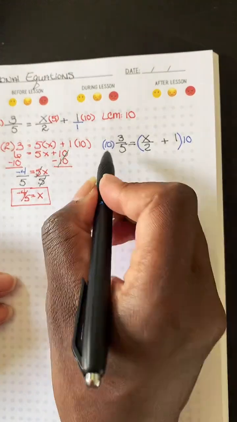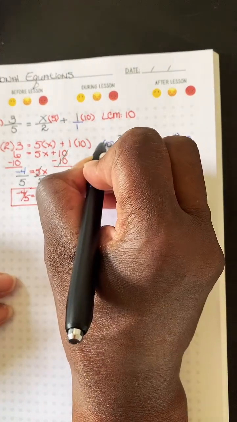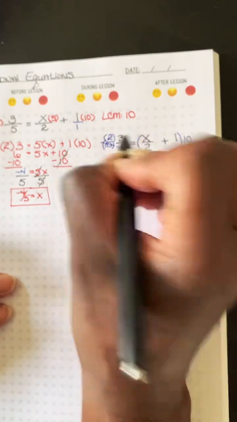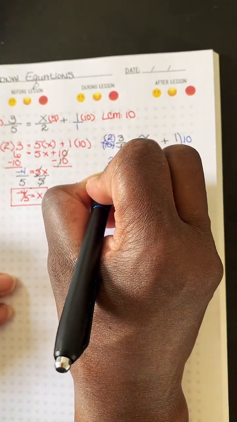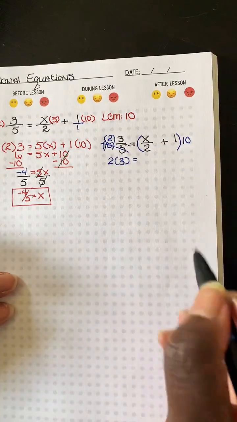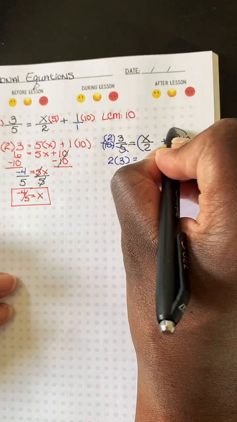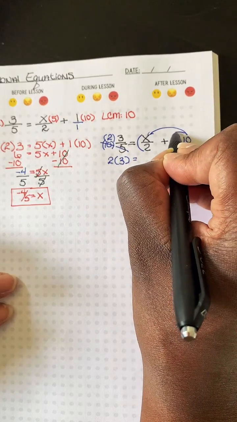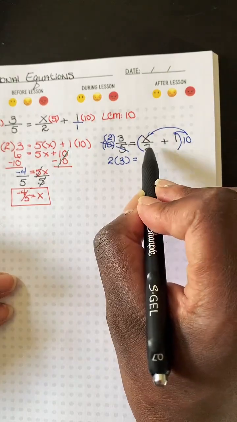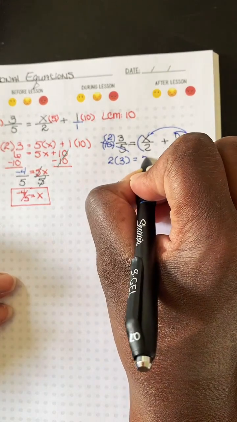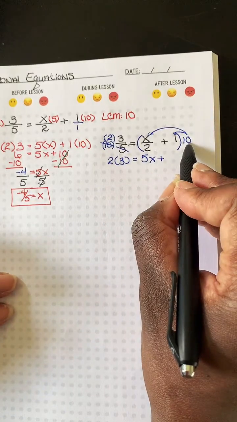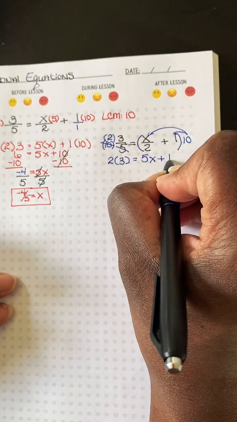And once we figured out what the LCM was, you just multiplied everything by that. So what happens is 10 and 5 will reduce to give you a 2. So you're actually going to have 2 times 3 equals. Now you're going to distribute this 10 to everything. If I take half of 10, that's going to give me 5, so that gives me 5x. And if I distribute the 10 times the 1, that gives me 10.